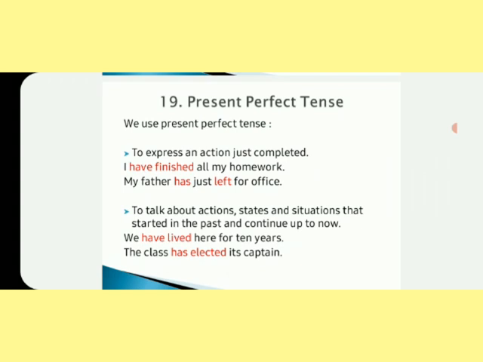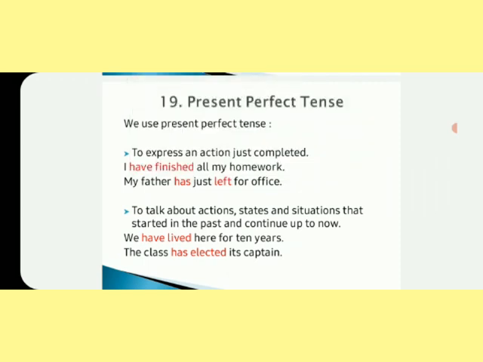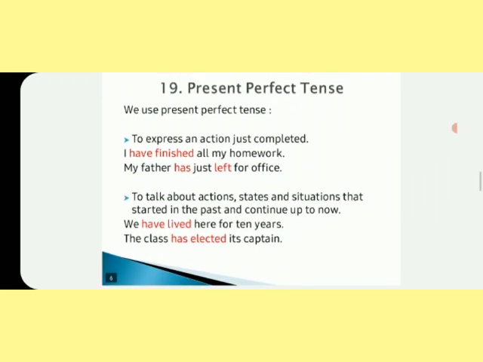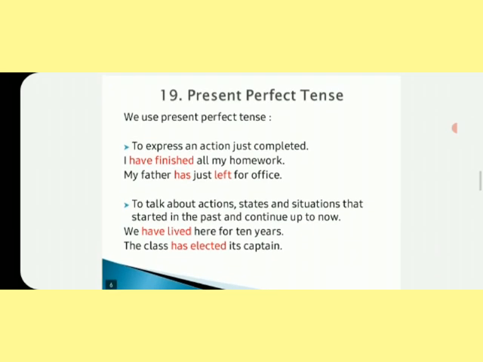Then we use present perfect tense to talk about actions or states and situations that started in the past and continue up to now. So for example, we have lived here for 10 years. We still are living in this place. So we started living in the past and are still living here.